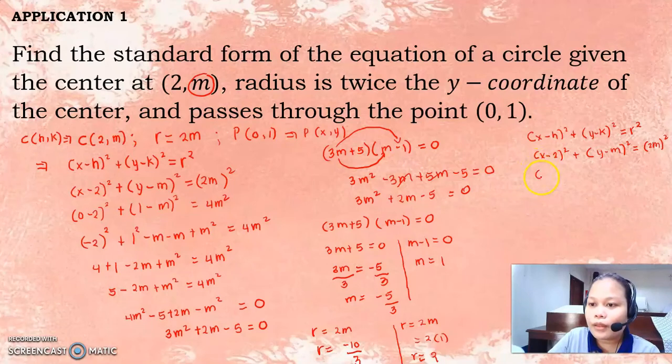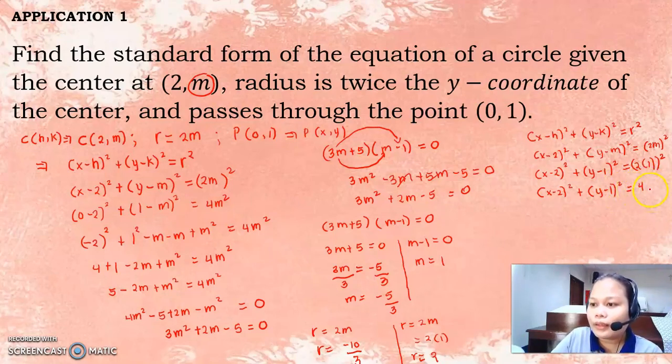So we have now x minus 2 squared plus y minus 1 squared is equal to 2 times 1 raised to the power of 2. So we have now our standard form of the equation of a circle: within the quantity of x minus 2 squared plus within the quantity of y minus 1 squared is equal to 4.